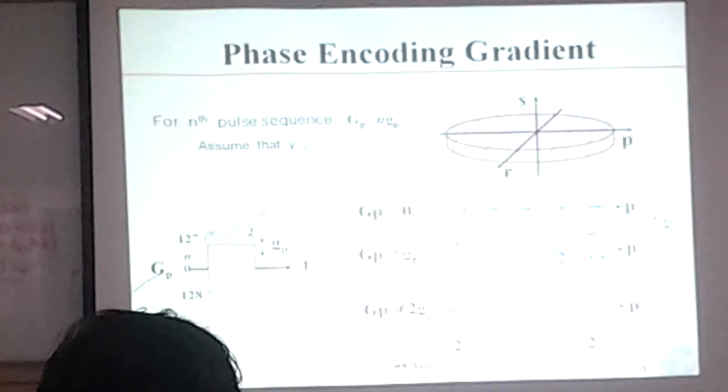So the phase variations in the time interval TR are pi 1, 2 pi 1, and 3 pi 1, and so on. So there are phase variations at this point, and we can get the frequency at this point.